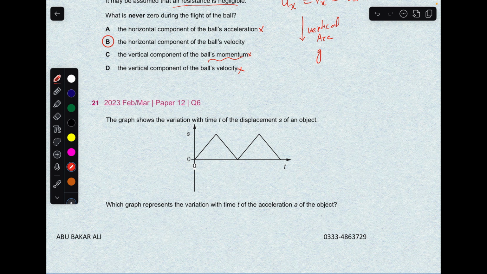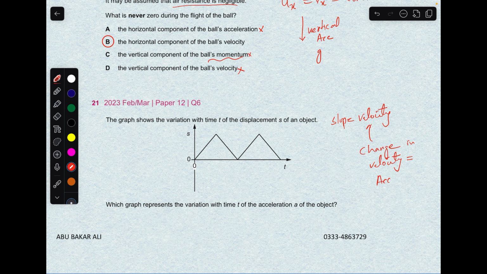If we interpret this one, it's a displacement-time graph, and we know slope is equal to velocity, and we know change in velocity is equal to acceleration. So that is how we have to look at this graph.